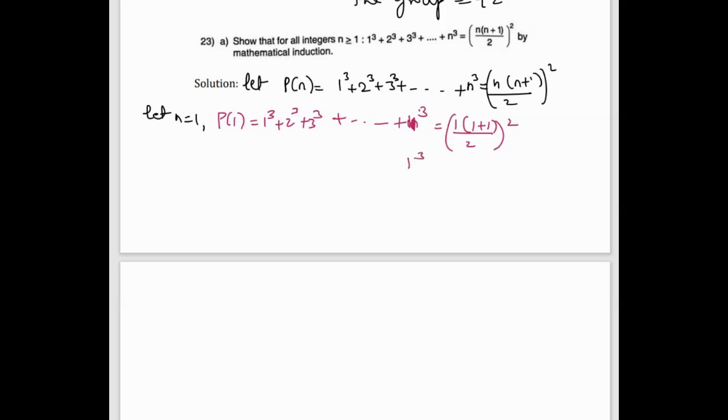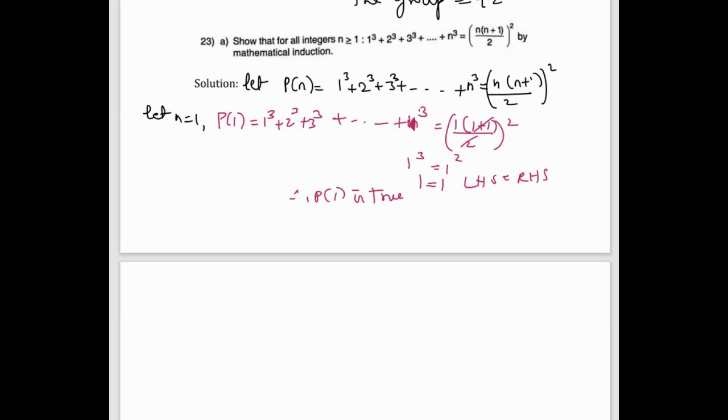That will be 1 cube is equals to 1 plus 1 is 2, 2 and 2 will get cancelled, that will be 1 square. That is 1 is equals to 1, means LHS is equals to RHS, therefore P of 1 is true. Then we will take the next one.